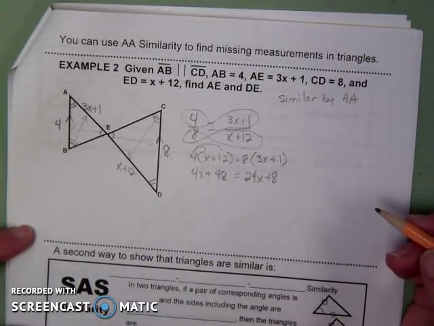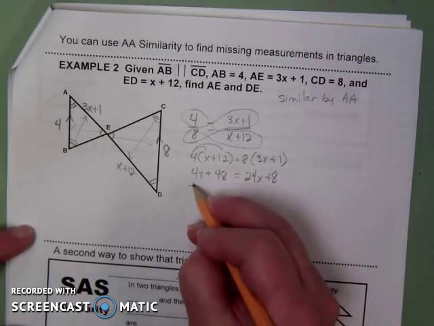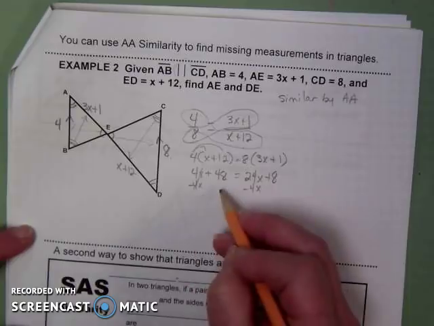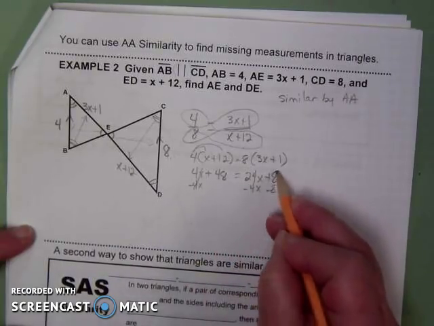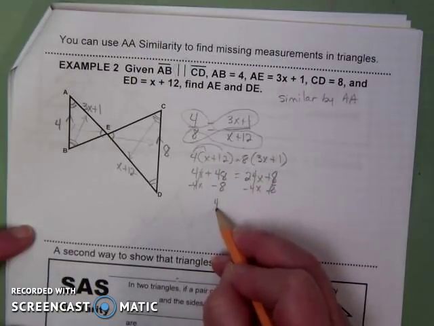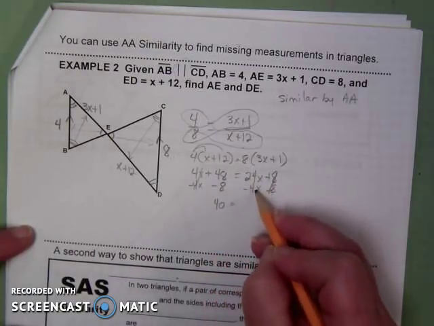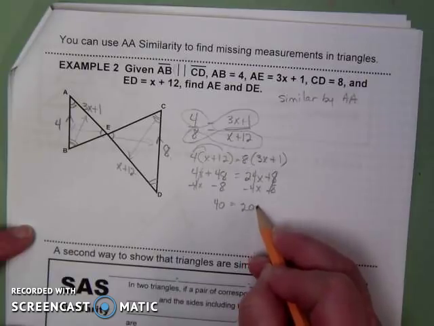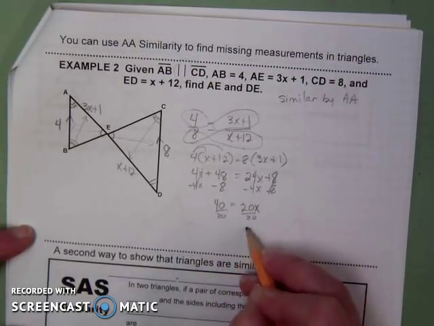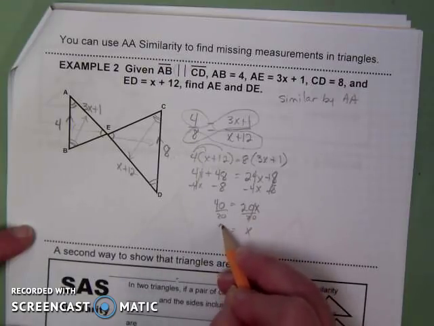We're going to move our x's over to one side. So we can subtract 4x here to move it over to this side. And then subtract 8 here and move it to this side. So 48 minus 8 is 40. And 24 minus 4 would be 20x. Divide both sides by 20. And x will equal 2.